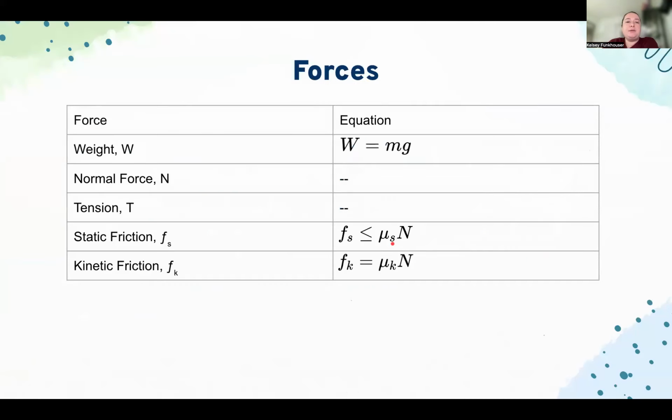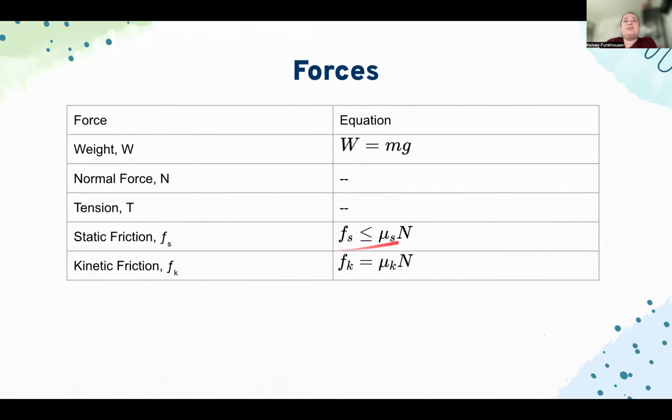Here's a table of forces we've covered with their relevant equations, if they have them. So we have weight, which is given by the mass times the local acceleration due to gravity. We have normal force, which doesn't have an equation. Tension also doesn't have an equation. Then we have static friction, which is less than or equal to the coefficient of static friction times the normal force.